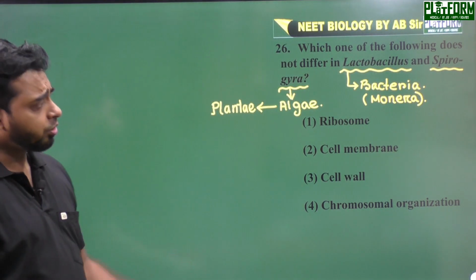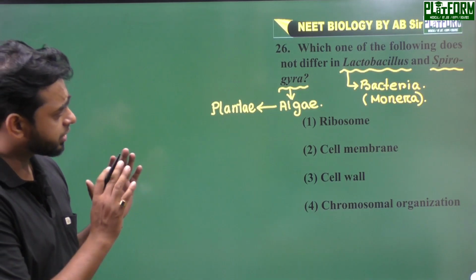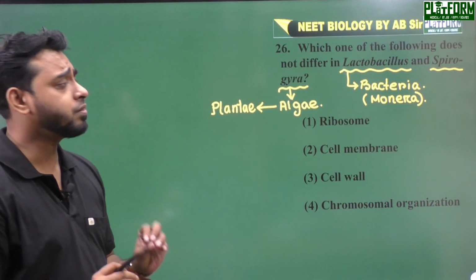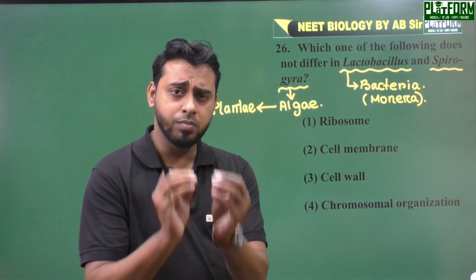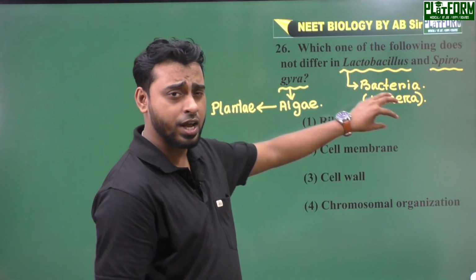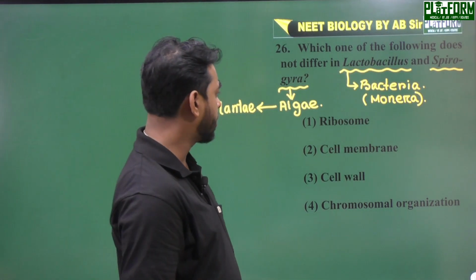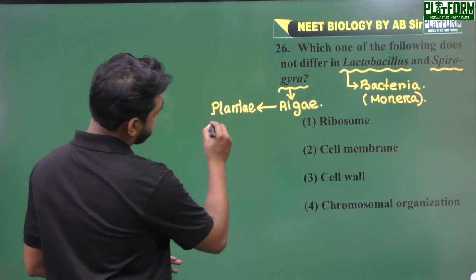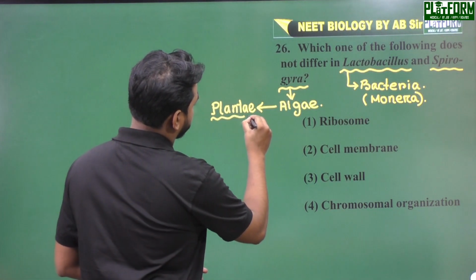Okay, so basically the question is what is common between one member belonging to Monera, that means the prokaryote, and one member belonging to Plantae, that means the eukaryote.